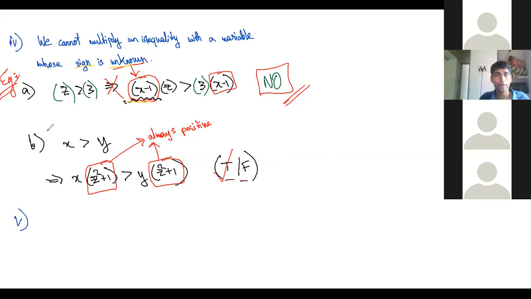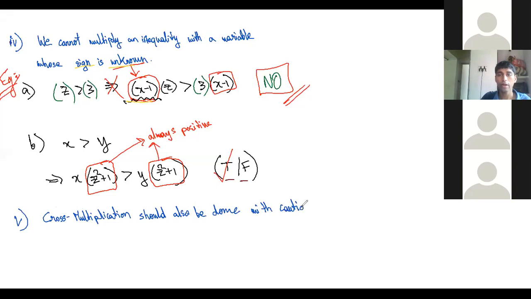So a point similar to the fourth point is the next point, the fifth point. It tells that cross multiplication should also be done with caution.